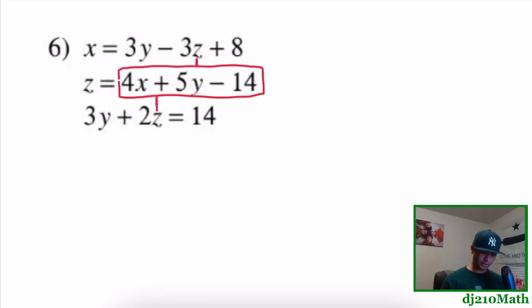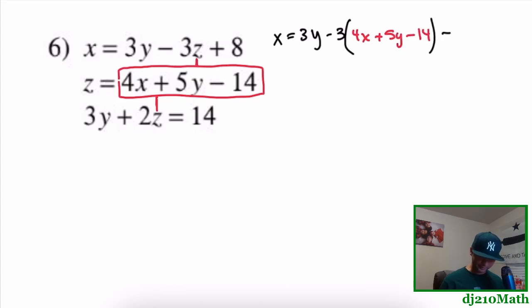So let's work the top first. So this is going to be x equals 3y minus 3z, which in this case z is 4x plus 5y minus 14, plus 8.